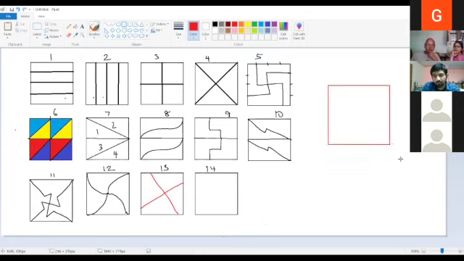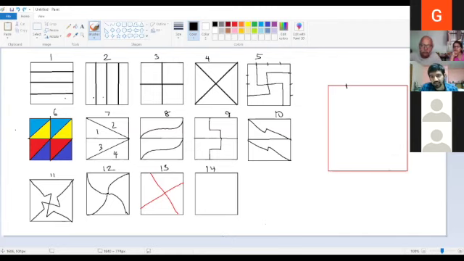So my point is you could choose any point here, and as long as it is symmetric, we can join the diagonally opposite points and we will get 4 identical parts.